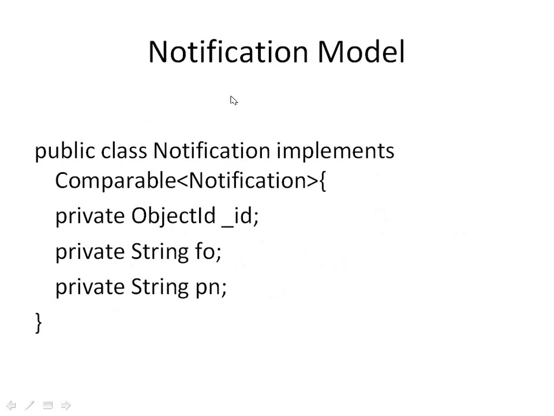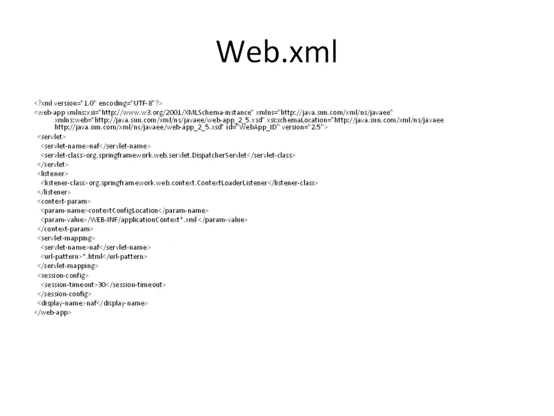So here we see the notification model. What exactly is my notification model? The first attribute of the notification model is _id. It represents the ID which is generated by the Mongo database when we insert any model or document.